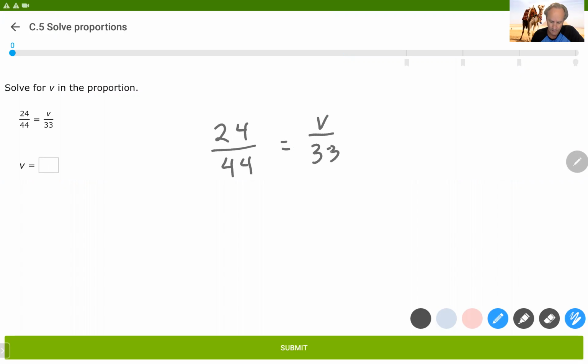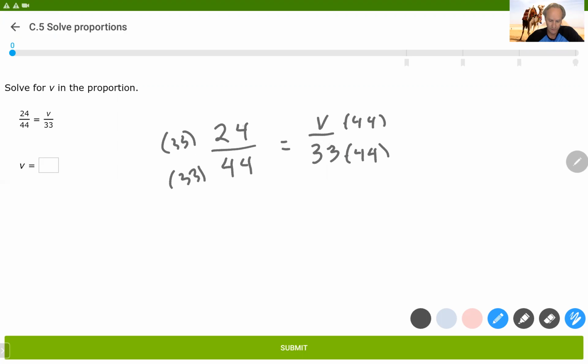One way to get a common denominator is just to multiply your denominators together, which means that on this side, I would multiply 44 times 44 on the top and the bottom, numerator and the denominator. And on this side, I would multiply by 33 and 33. And as you can see, our common denominator is 33 times 44.